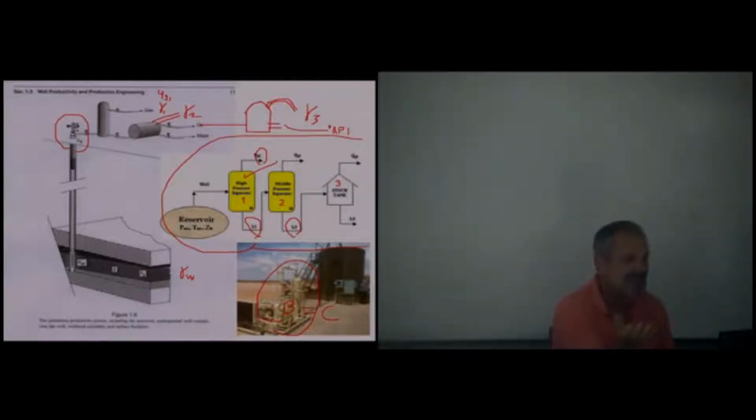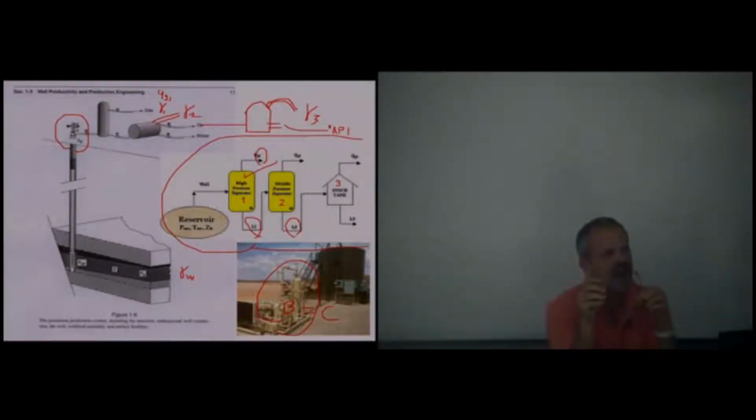But at the stock tank, you're down to atmospheric pressure. You have to have a compressor there, or at least within a central battery for maybe several properties. But no, I'm glad you drew me out on that one.